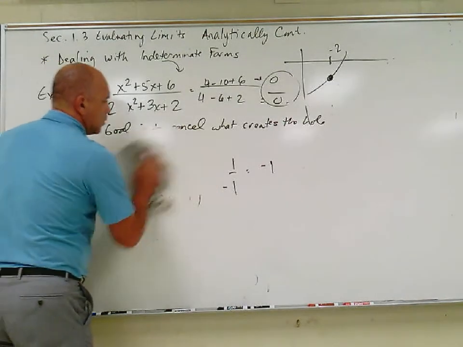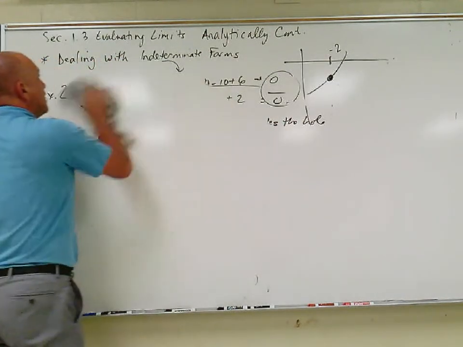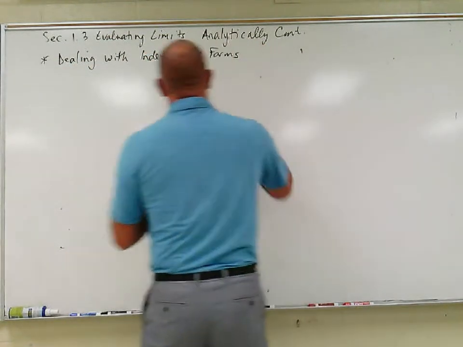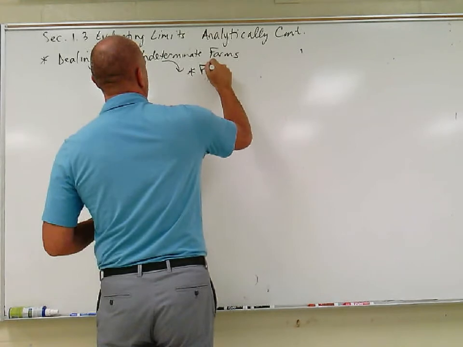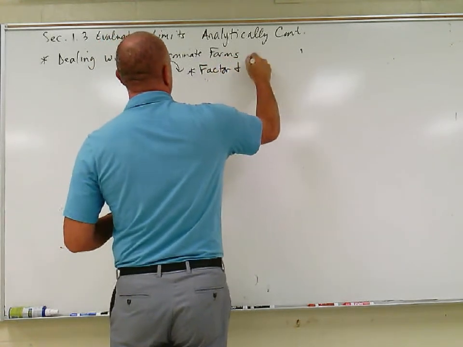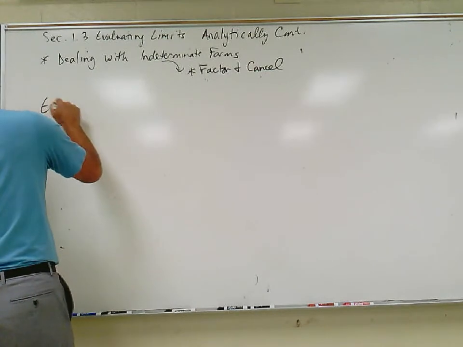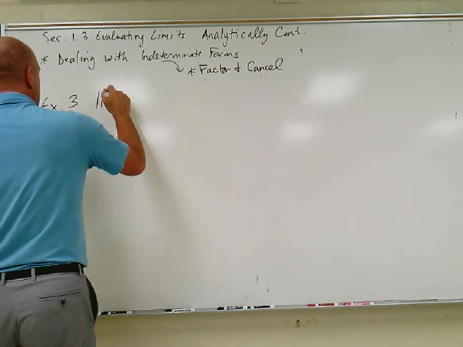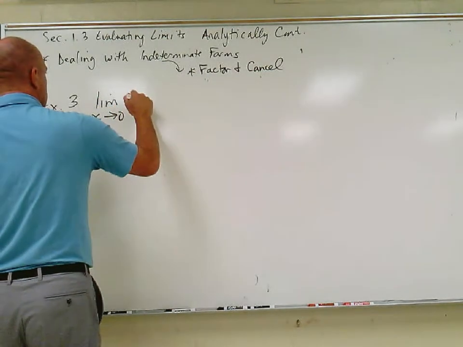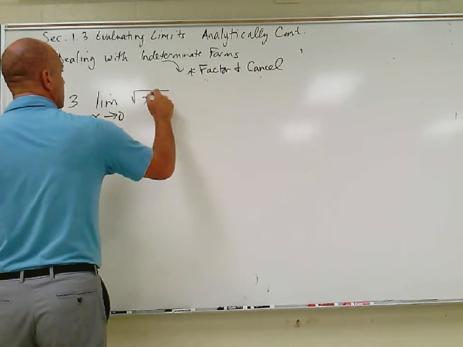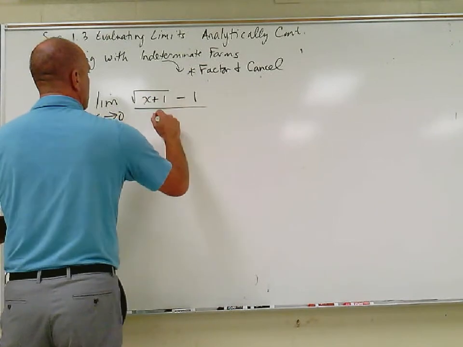All right, so one technique for dealing with this indeterminate form, we use one technique which is factoring and canceling. The next one, we'll call this one example 3. Limit as x approaches 0 of square root of x plus 1 minus 1 over x.